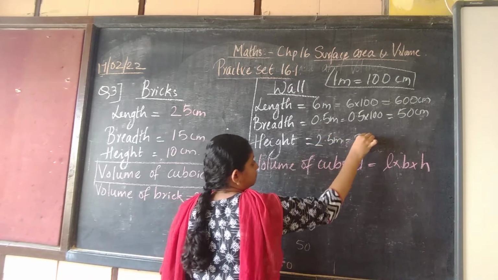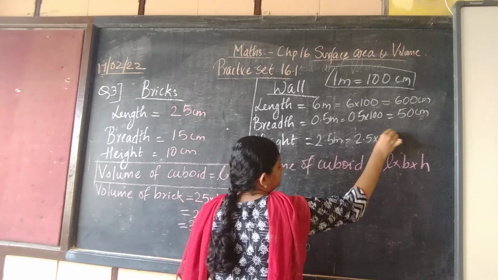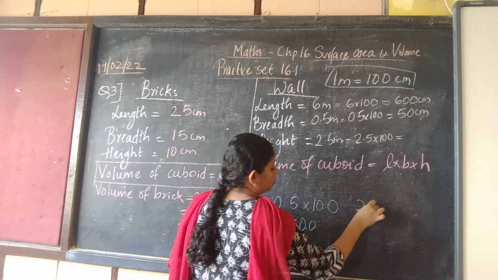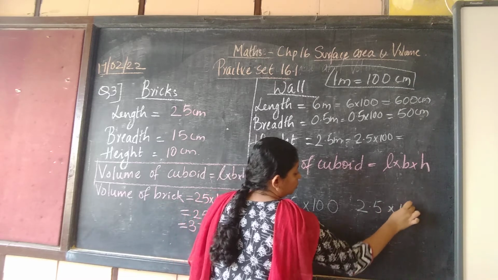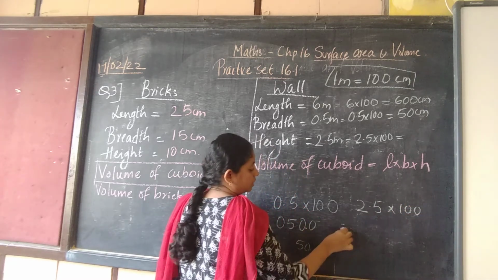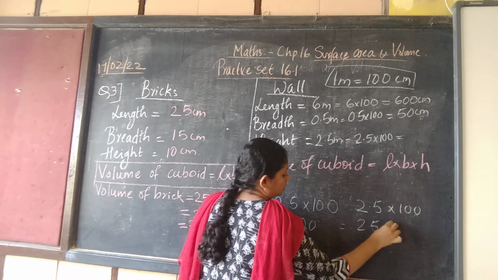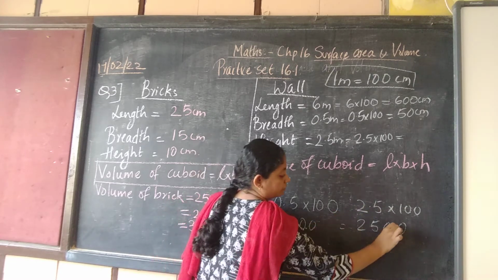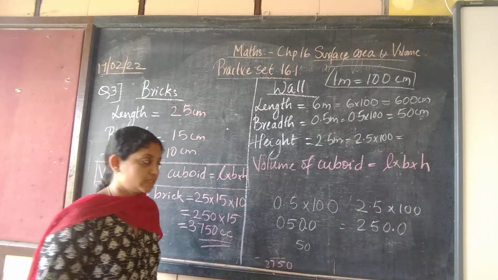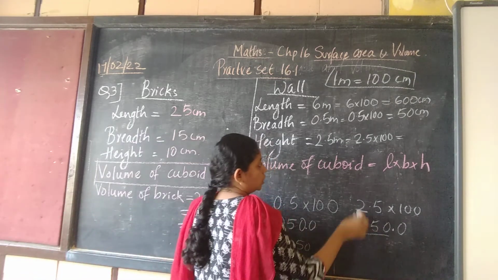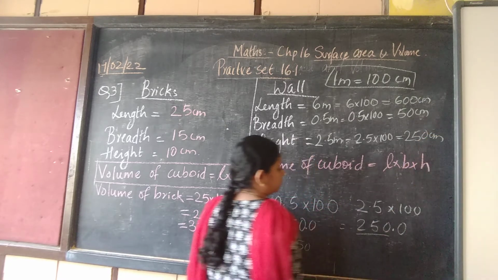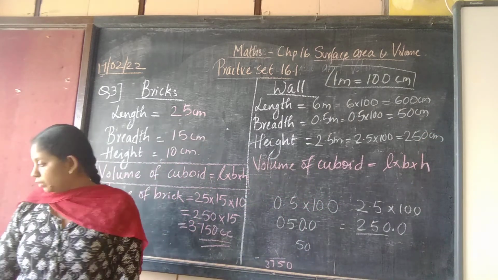So 2.5 into 100 is how much? Same. 2.5 into 100 is 2500. Decimal point before one number, so here also before one number you put a decimal point. So how much you are getting? 250 centimeter.